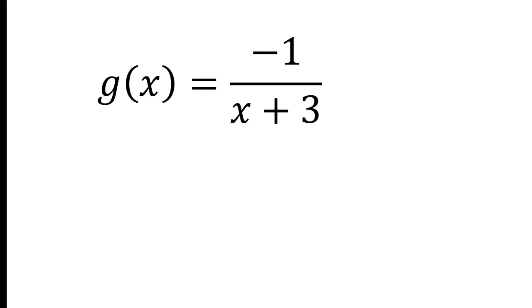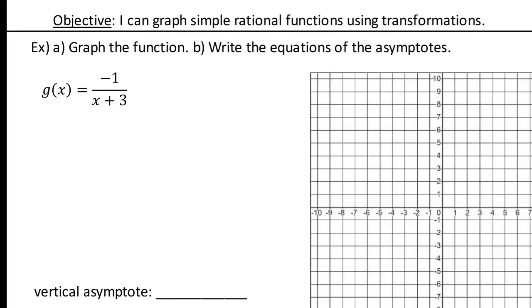All right, we got g of x is -1 over x plus 3. So one more time, our function notation is g of x equals our a value in the numerator over x minus h, and the plus k is after the fraction. So my a value I can see is in the numerator.